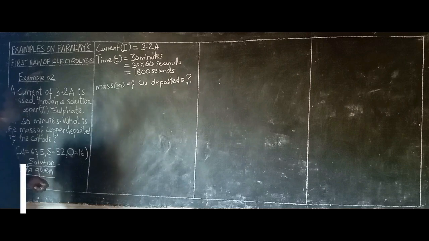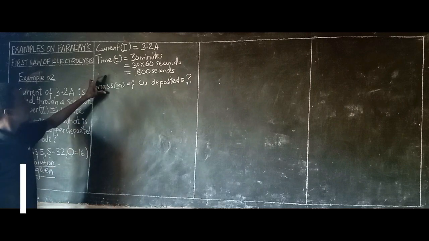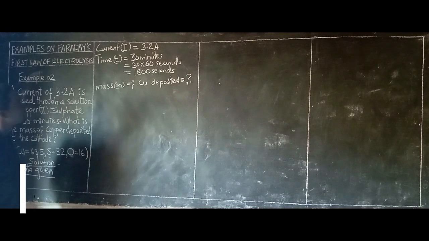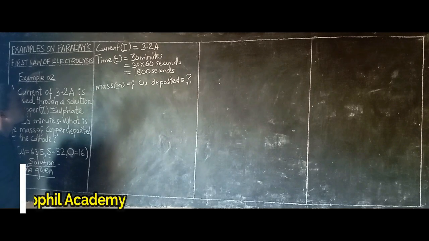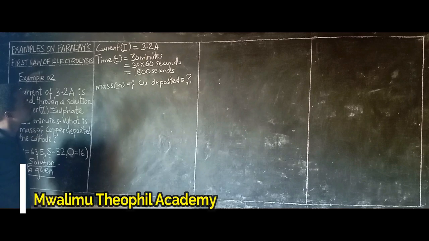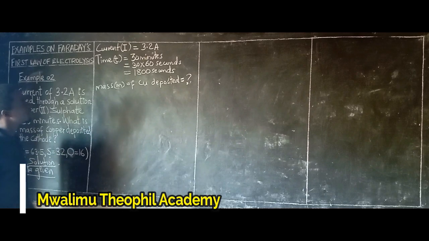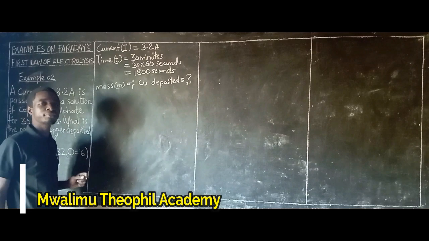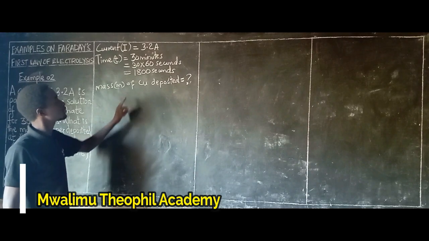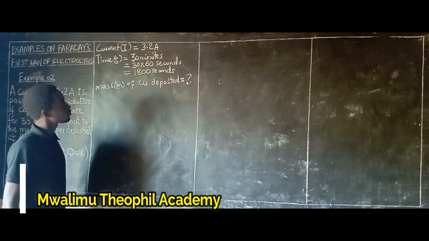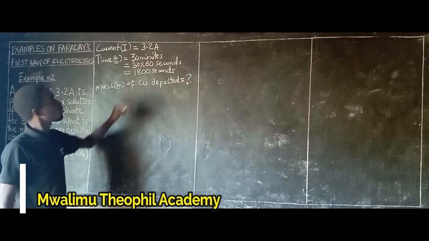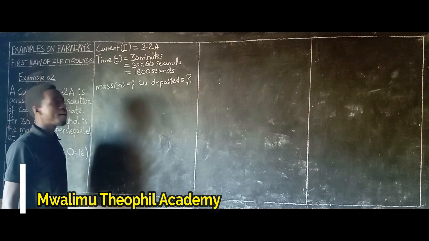Which approach are you going to use here? We may use the approach of firstly balancing the chemical equation. I mean that by considering the reaction which was occurring at cathode. As you know, at cathode, copper is going to be reduced to copper atom.